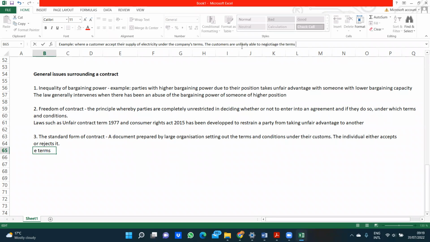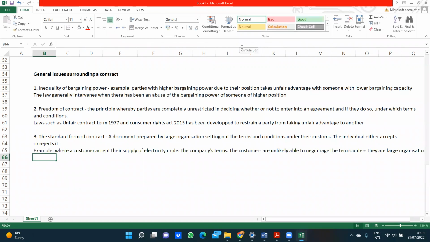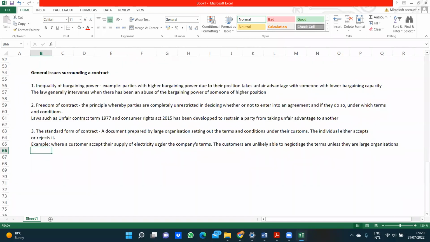And sometimes if they represent large organizations, then they can negotiate, unless they are a large organization. Not unlikely, they are not able.